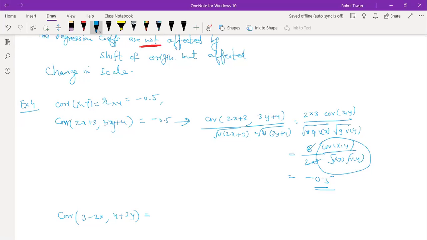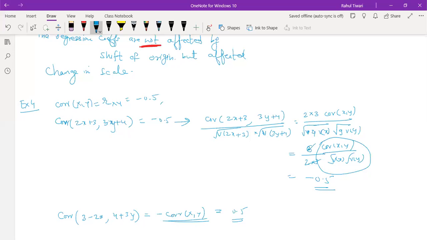Remember always, this sign will get changed. So it will be minus the correlation between x and y. When you do all this using this method, what answer will you get here? The correlation with a minus sign with the correlation between x and y.